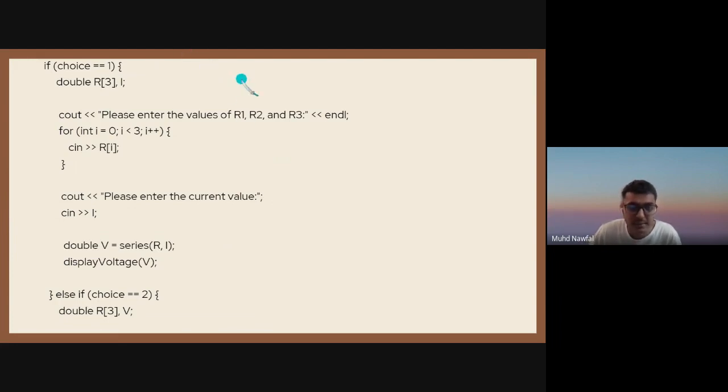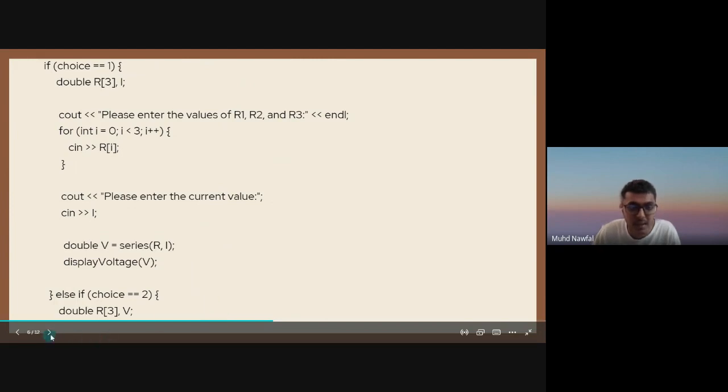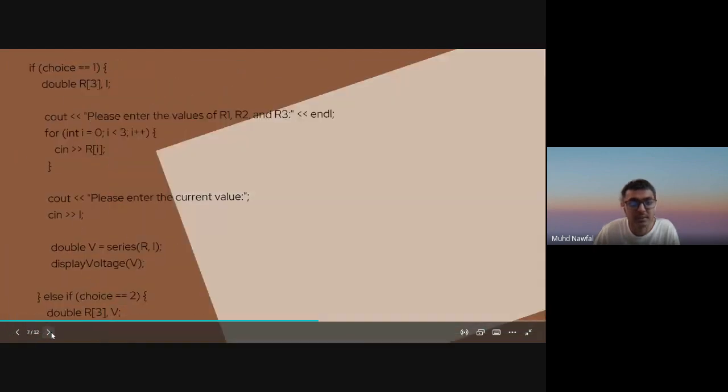For the cin, it will take R in bracket I. The second cout is please enter the current value, and the cin is I. Double V equals series R and I, and for display voltage, it's V. If the user keys in choice 2, it will calculate the parallel circuit for double R in bracket 3, comma V for the voltage.